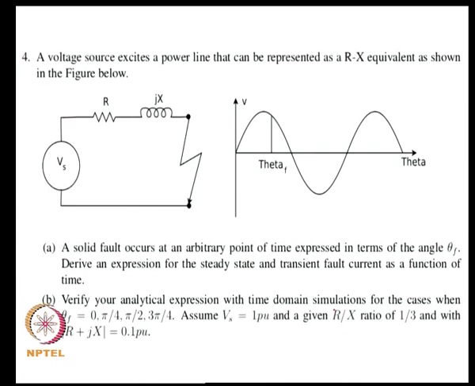And once you have an inductive component in addition to the resistive component, you will have dynamic effects in any system. And so, you want to see what could be the worst case fault current or peak fault current to analyze what is happening in the system.